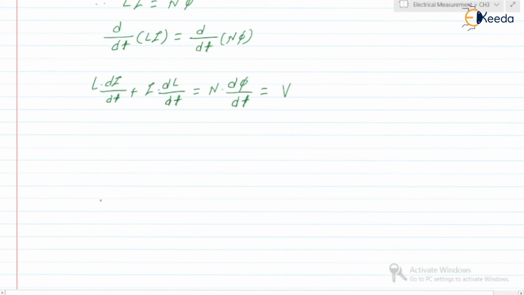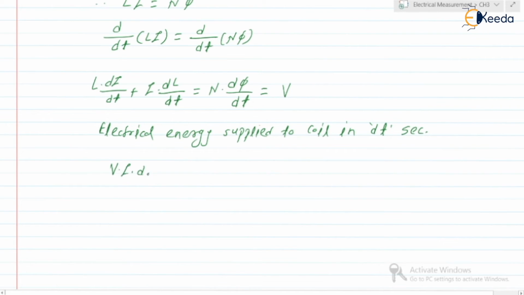Now, the electrical energy supplied to the coil in dt seconds we can write as V into I into dt. Electrical power is voltage into current, and power into time is the energy.